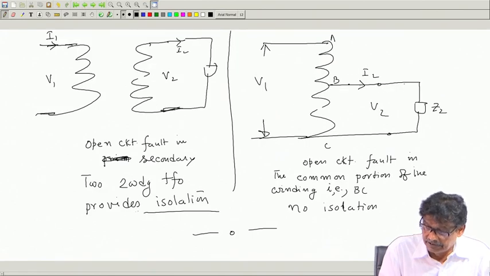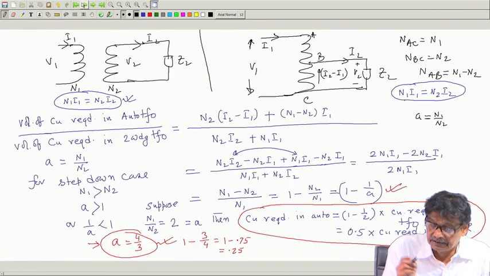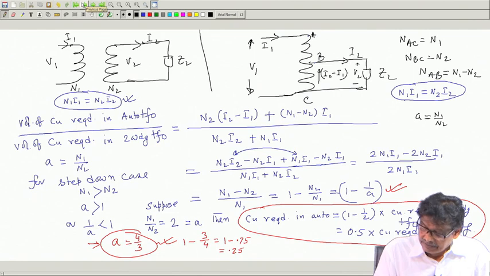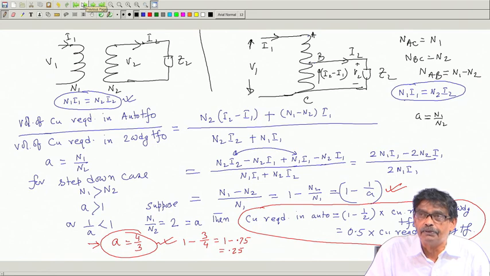That is what we established here in our last class. Turns ratio close to 4 by 3, savings of copper required is only 25%. Turns ratio is half, then that is 1 by 2, and savings of copper is only 50%.